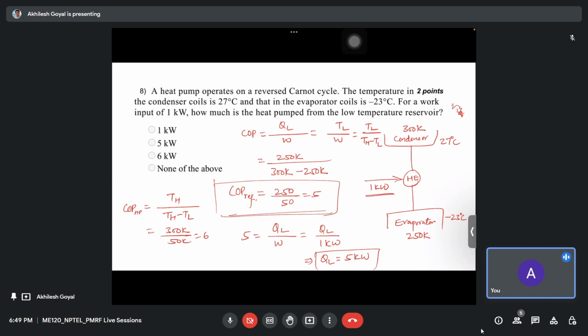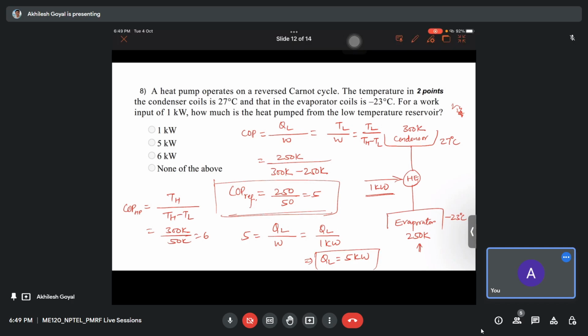Okay, so basically it takes 5 kilowatt from here and gives 6 kilowatt here, and 1 kilowatt is the work that I did from here only. Okay, so let's look at the question again.